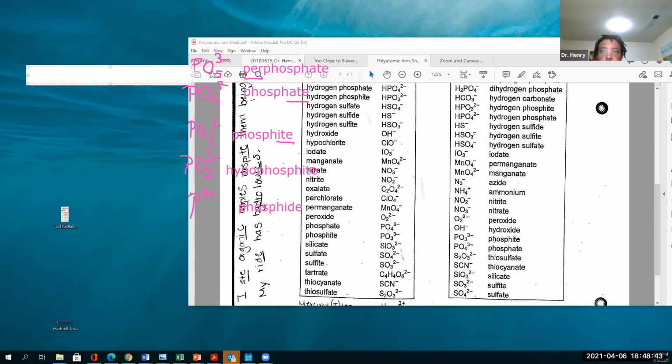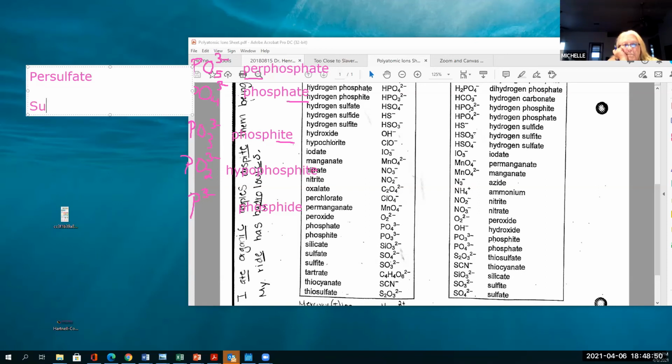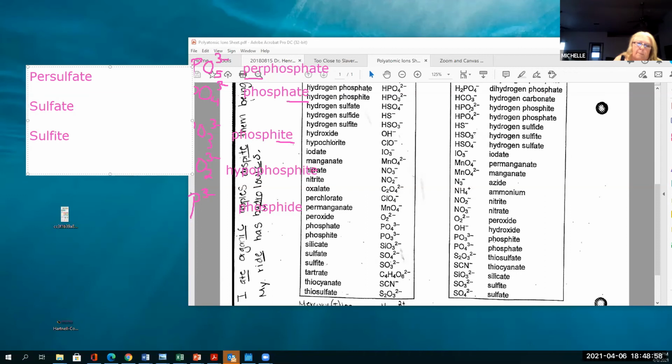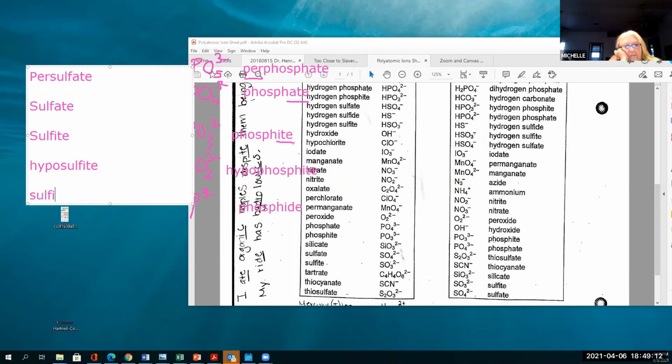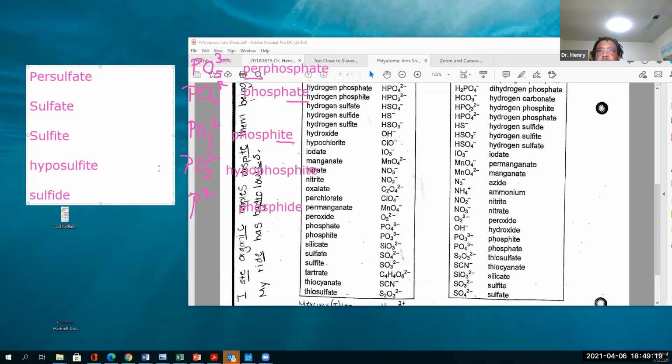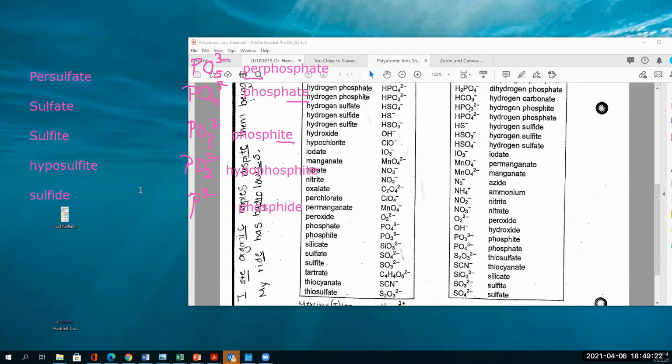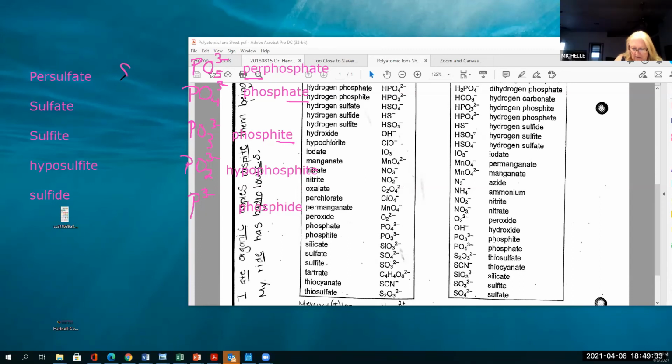Okay, now let's look at persulfate. There are 5 oxygens. What would be the chemical formula? Is it S5?